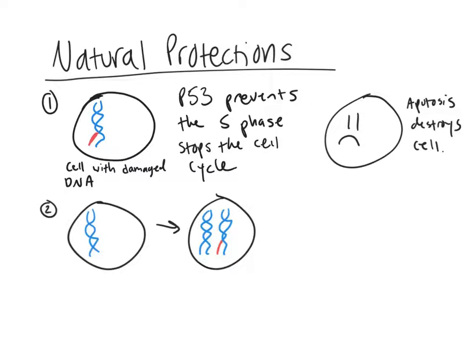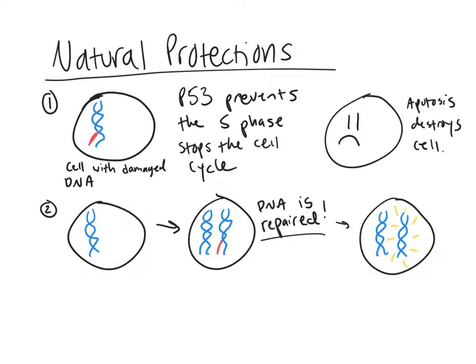And we have to get rid of it before the cell moves on to divide. So there are little proteins that will go in and replace this mutation with the correct DNA. So it's almost like if I accidentally mistyped a word in a paper and I backspaced and then typed in the correct letters. So now basically what we have is a normal cell, and it's going to go divide like normal and nothing bad's going to happen.